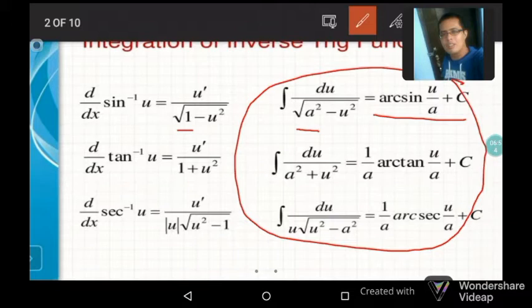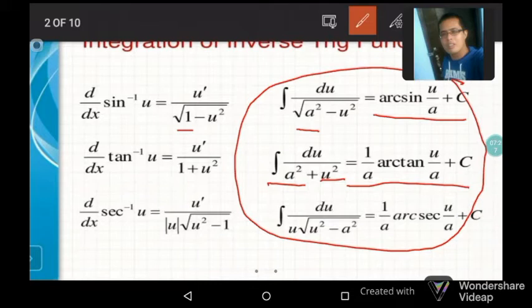Okay? Next, ang integral ng du over a squared plus u squared is 1 over a arctan of u over a plus c. A is a constant, u is a combination of constant and a variable. Example, 4x. Diba? 1 over a arctan u over a plus c. Although parehas lang naman yan, arctan u over a.